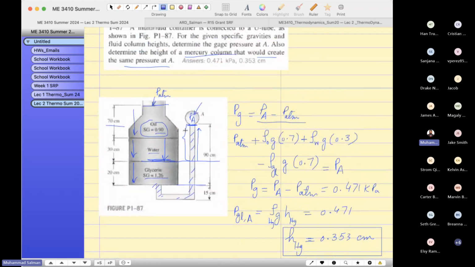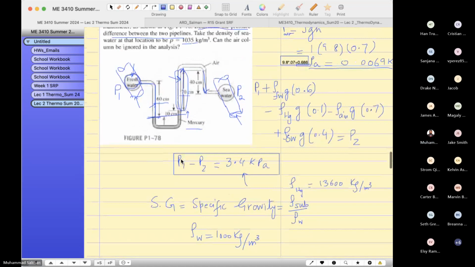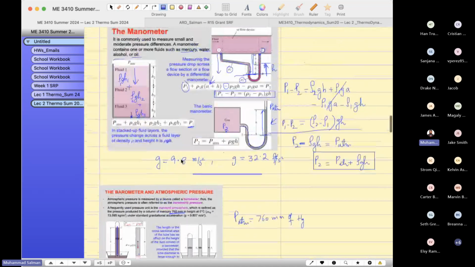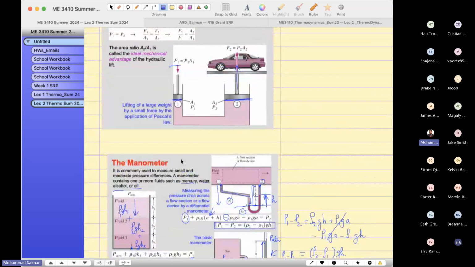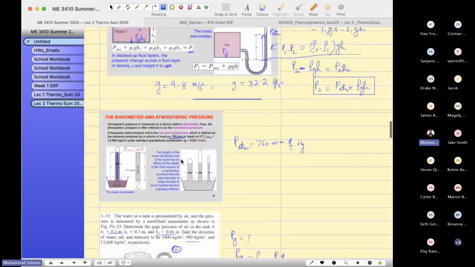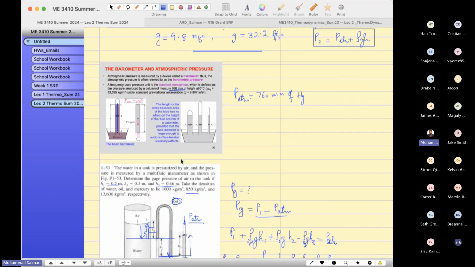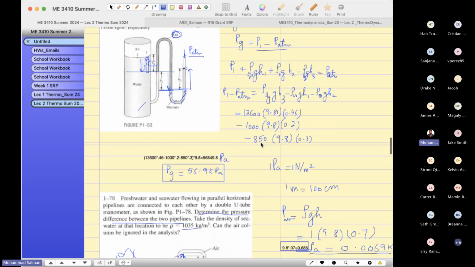And today you learned about the manometer for different densities. Manometer, this is also manometer, barometer. We did not solve any question about the barometer, but it is very trivial that you just know the height of the mercury column, which tells you the atmospheric pressure, which is open.